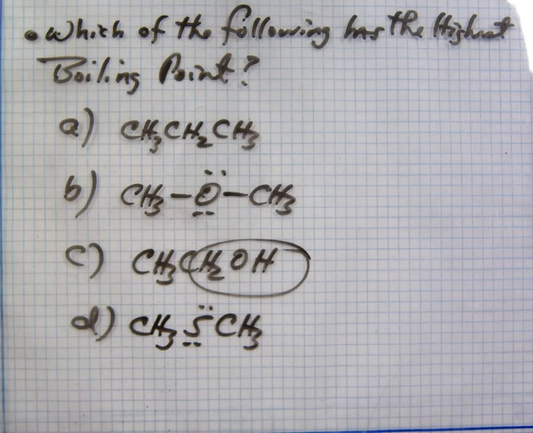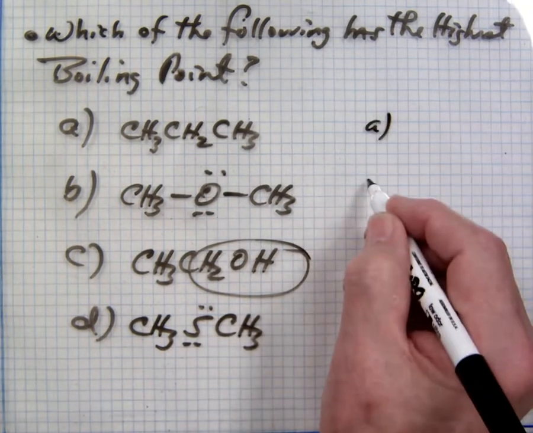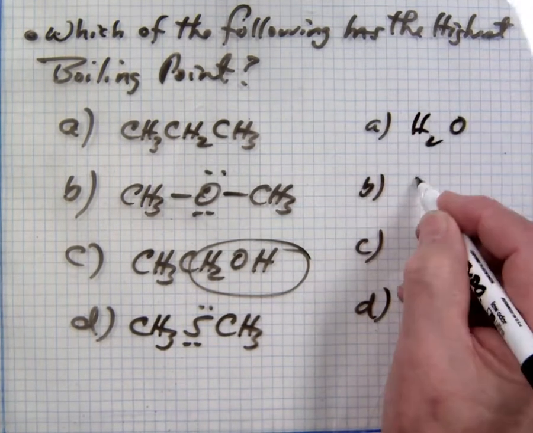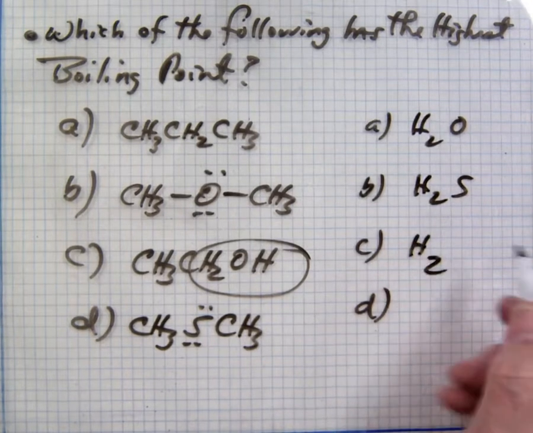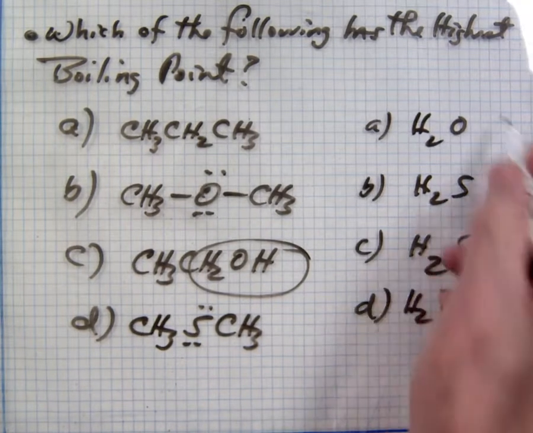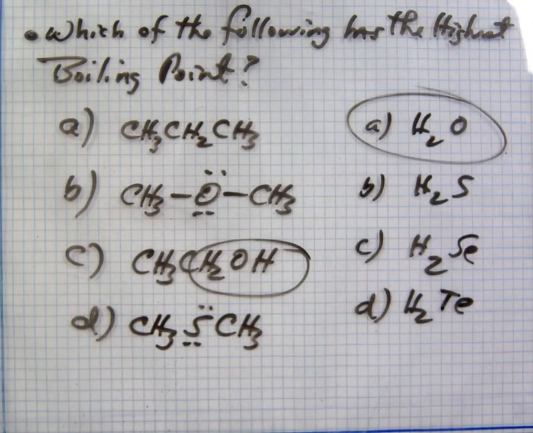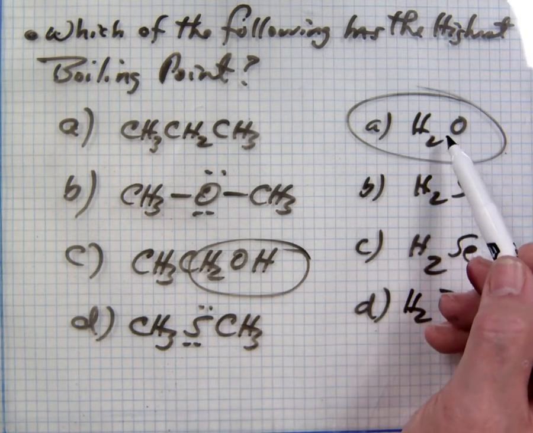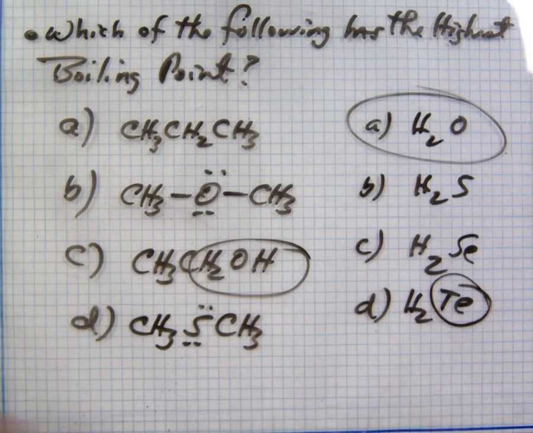Also, if you have, say, a list, and I showed you this just a second ago, H2O, H2S, H2Se, and H2Te. Of course, water will have the highest boiling point, but sometimes the questions will come to you like this: which of those has the second highest boiling point? Okay, well, this one has the highest boiling point because of hydrogen bonding, but size then takes over.